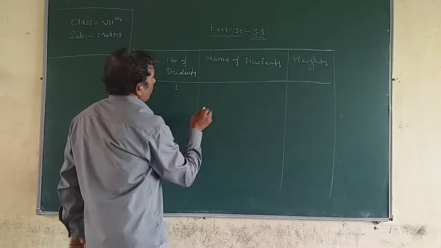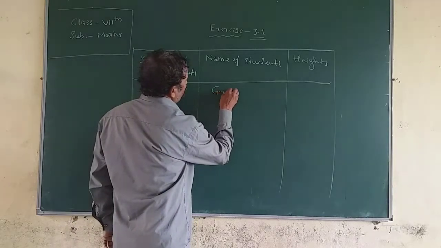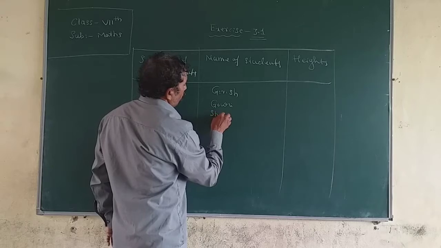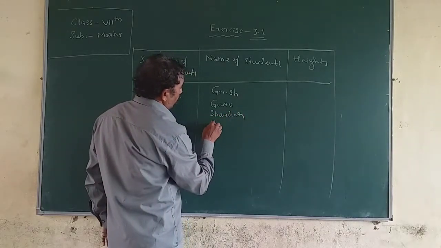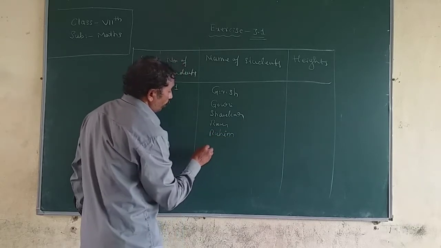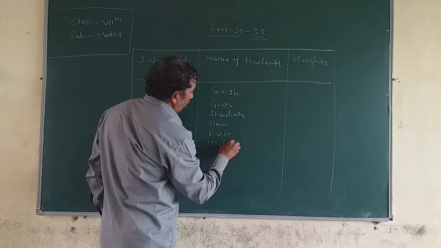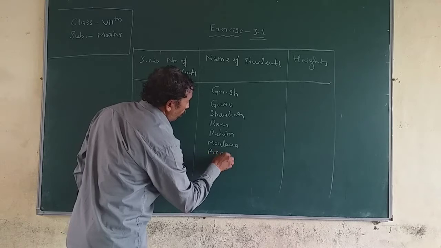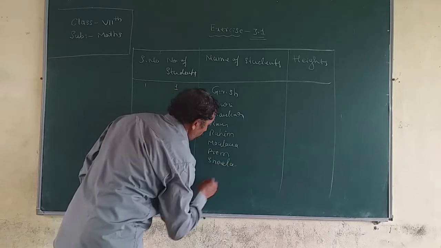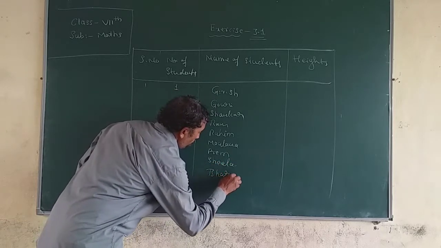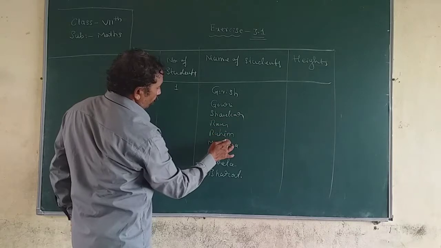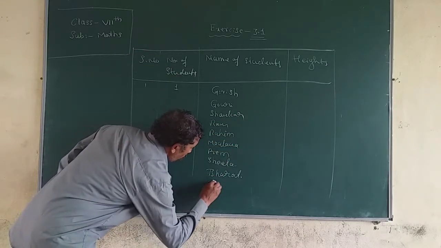First number 1, say Girish, Gauri, Shankar, Ram, Rahim, Maulana, Prem, Sheila, Bharati, Bhavya.